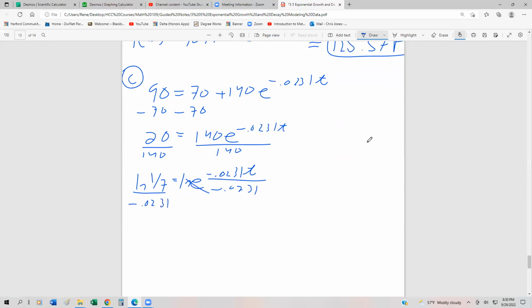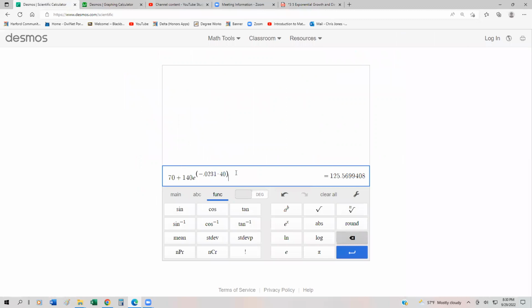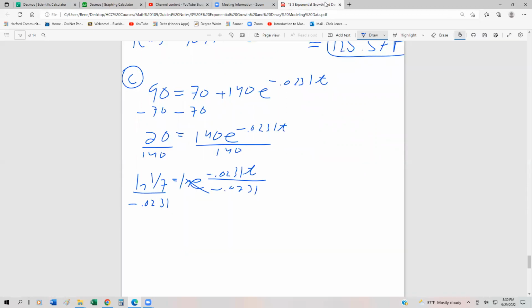So in our calculators, we have the natural log of 1/7 divided by negative 0.0231, and that gives us 84.24, and that's in minutes. So that's how long it's going to take for the cake to get down to 90 degrees Fahrenheit.